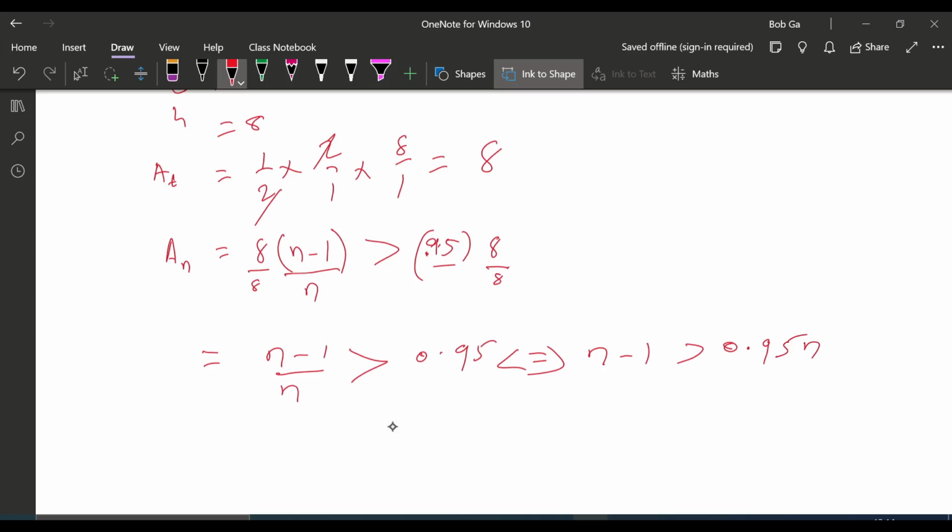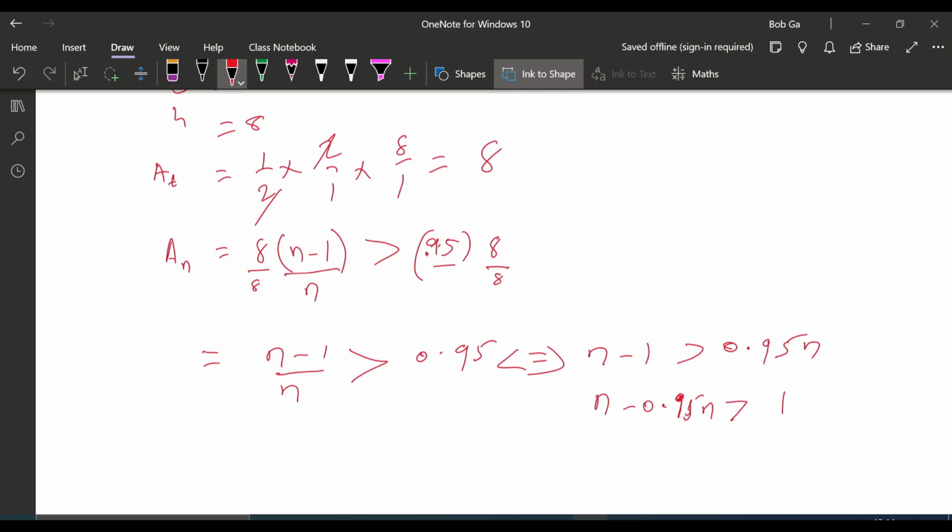We are multiplying by n. If we multiply both sides by n, this n will go away, and then we multiply 0.95 by n. So that's what we have there. So we have n minus 0.95 n. We're bringing like terms together now. 0.95 n must be greater than 1. So we take 1 to the other side.